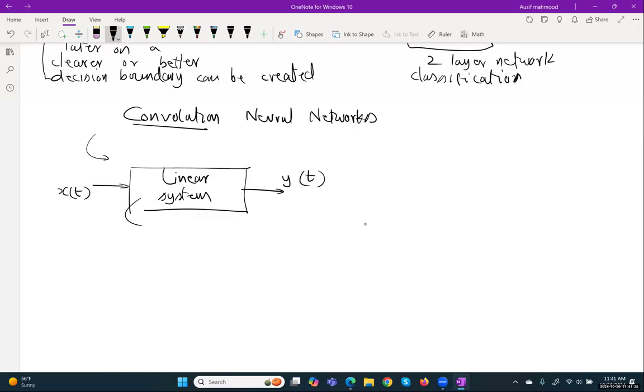Linear systems are further divided into categories, but the type of systems that we deal with are causal linear systems. Causal basically means it cannot predict the future; whatever output it's producing is based on the past. It doesn't know anything about the future. So the output is based on current and past data.